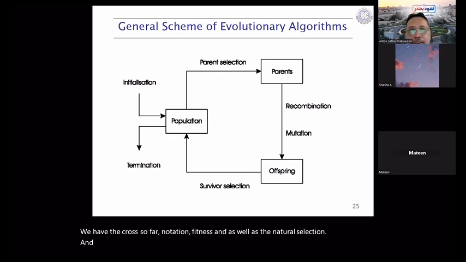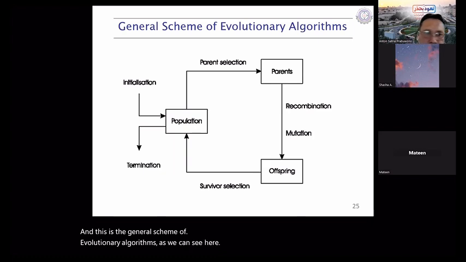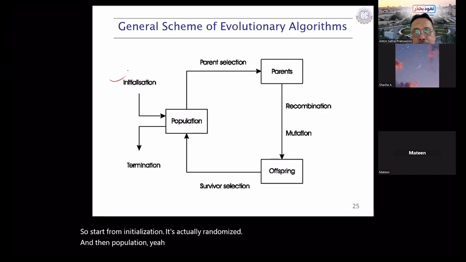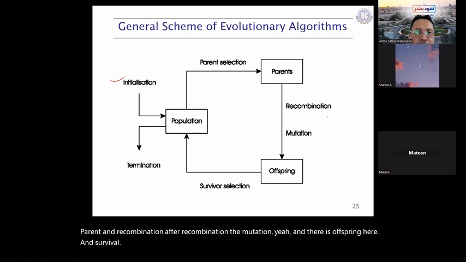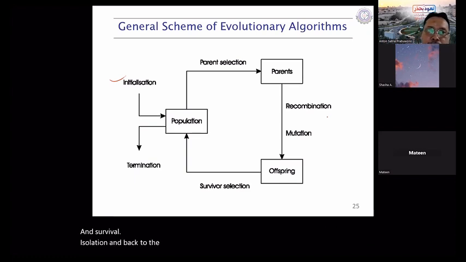And this is the general scheme of evolutionary algorithms, as you can see here. Start from initialization, which is actually randomized, and then the population, and then the parent selection, parent recombination, and after recombination, the mutation, and there is offspring here and survivor selection, and back to the population.